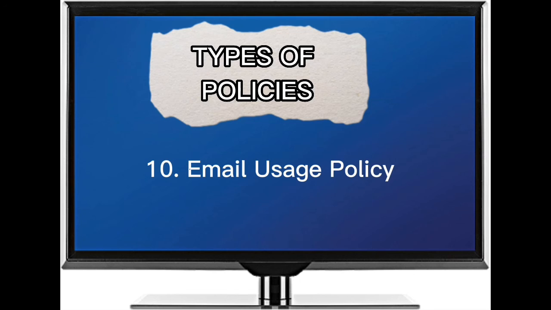Some of the key points of this policy are: the employees should know the importance of this system that they have the privilege to use. They should not open any attachment that looks suspicious. Private and confidential data should not be sent via any unencrypted email.